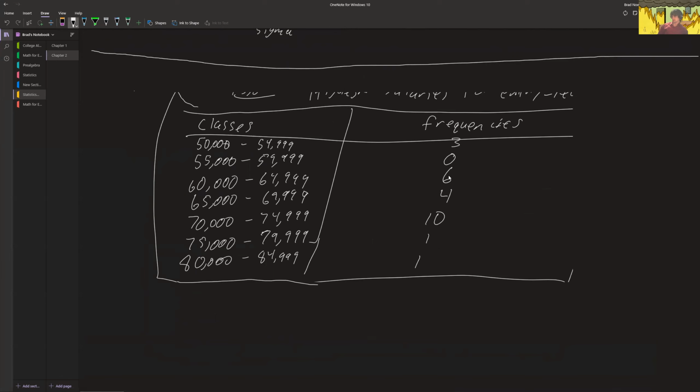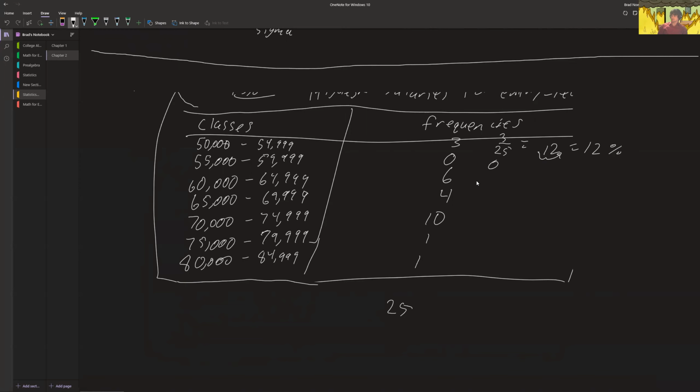So 3 plus 6 is 9, 13, 23, 24, 25. So 25 is my cumulative frequency. To find my relative frequency, I'm just going to divide each of these by 25. So I'm going to take 3 divided by 25, which is going to get me 0.12. Now, if you want to convert that to a percent, knock yourself out. Two places to the right is 12%.